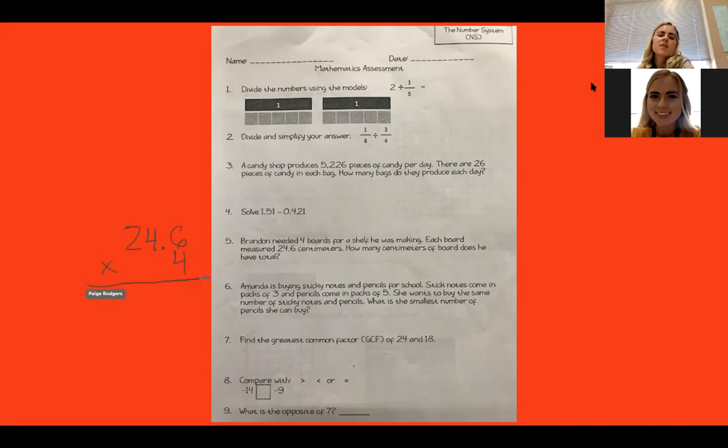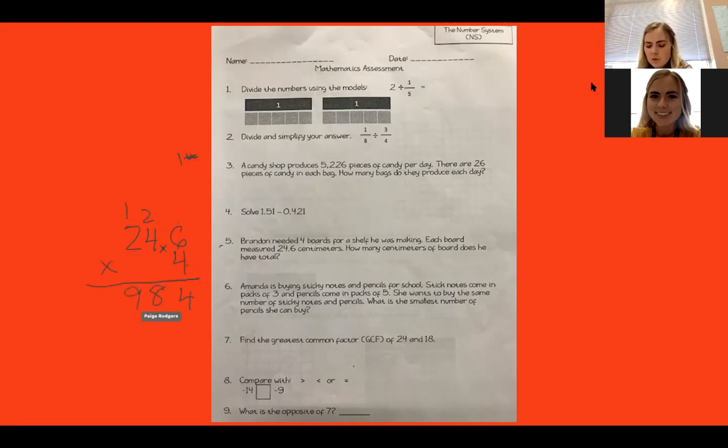So when we multiply with decimals, we count the numbers after the decimal. There's only one number after the decimal. So that means my answer is going to have one number after the decimal, and then I can ignore the decimal while I am multiplying. So 4 times 6 is 24. 4 times 4 is 16, plus 2 is 18. 4 times 2 is 8, plus 1 is 9.